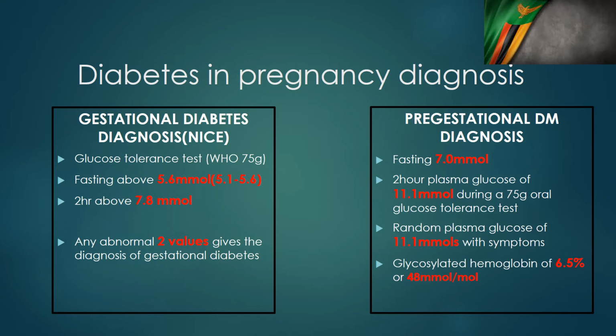So according to NICE, when we have a 2-hour glucose level of above 7.8 and we have two of these abnormal values, we make a diagnosis of gestational diabetes. If we have fastings that are above 5.6 and we have at least two of them, we make a diagnosis of gestational diabetes as well.